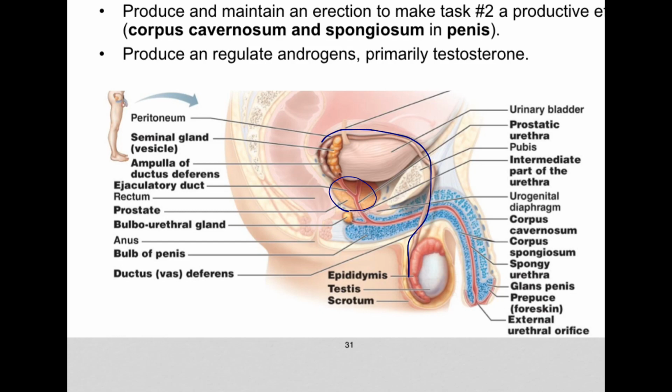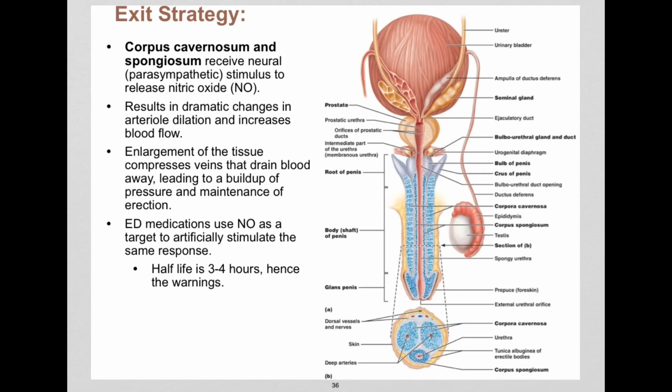Okay, so in order to make that happen, there are certain mechanical considerations that need to be had. For obvious reasons, you can't very easily get sperm out of the flaccid penis, so we've got to have an erectile response. And that's almost entirely produced by changes in blood pressure.